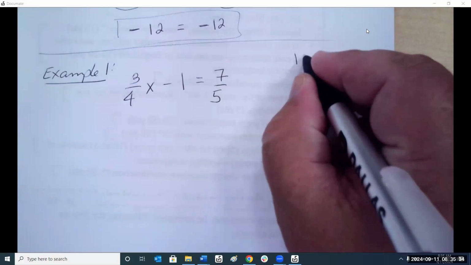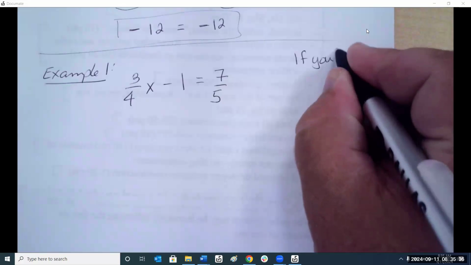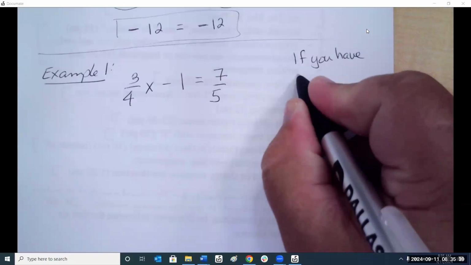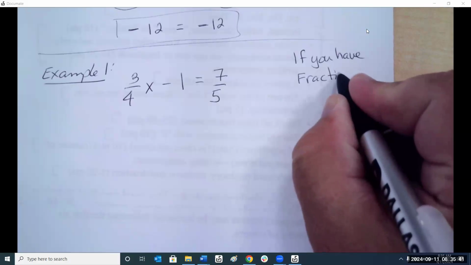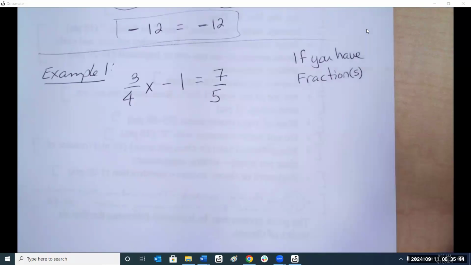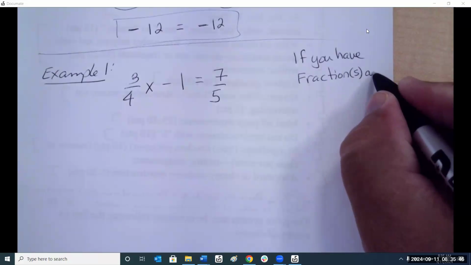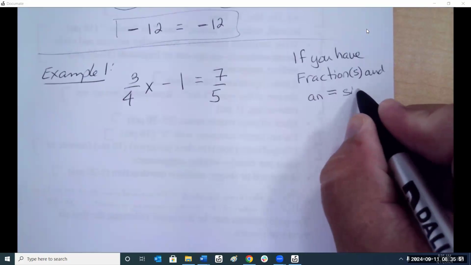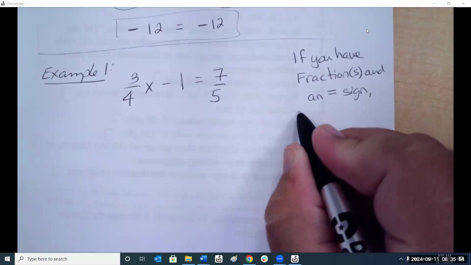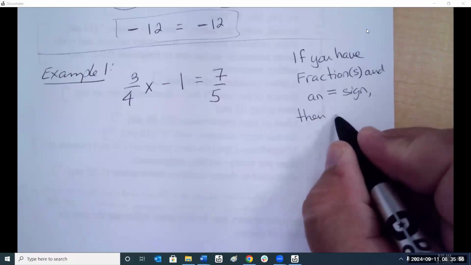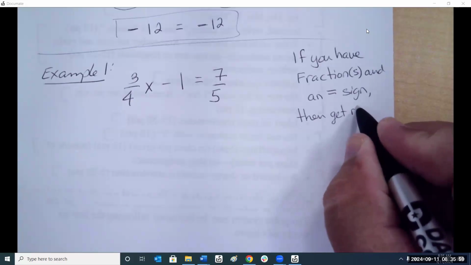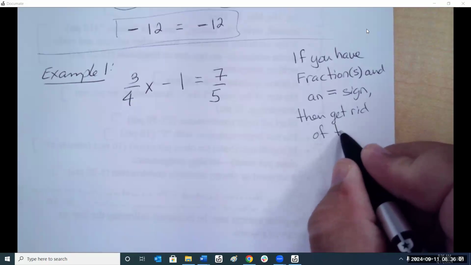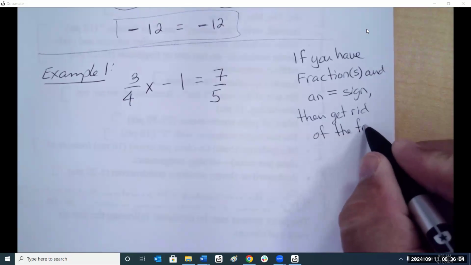Here's a general rule that's going to follow you the rest of this course and all math courses. If you have a fraction or fractions and an equal sign, then get rid of the fractions.